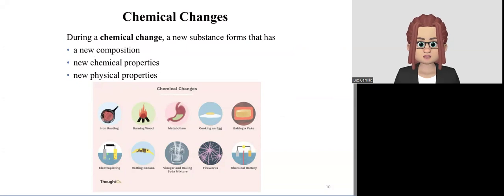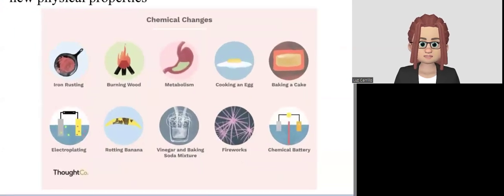In the image that we have on the slide, it gives us different examples of chemical changes that include when iron is rusting because there is the formation of rust, when wood burns, in our stomachs when we consume food, the process of metabolism is a chemical change. Cooking an egg, baking a cake, electroplating, a banana that is rotting. And you can see that there's other examples here. All of these indicate chemical changes.